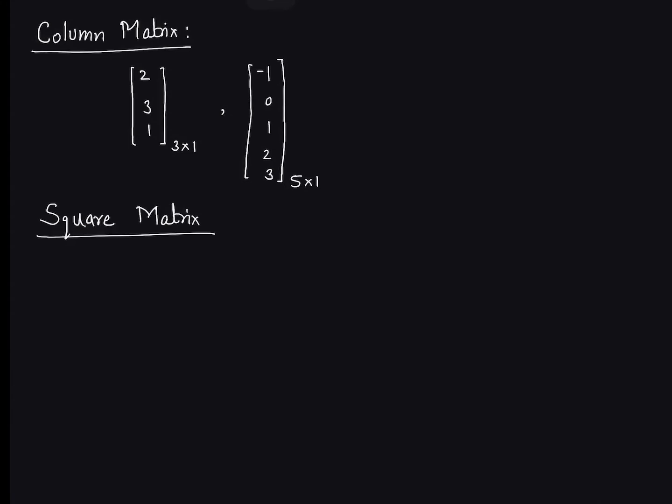Square matrix. A matrix is said to be a square matrix if the number of rows and number of columns are the same. That means any matrix of order 2 by 2 or 3 by 3, or in general of order n cross n, such matrices are called square matrices.